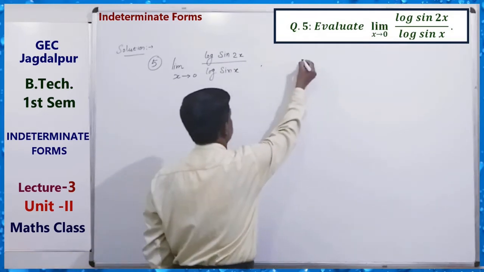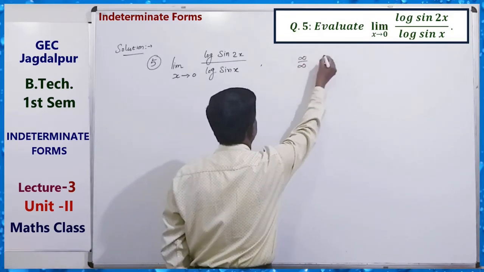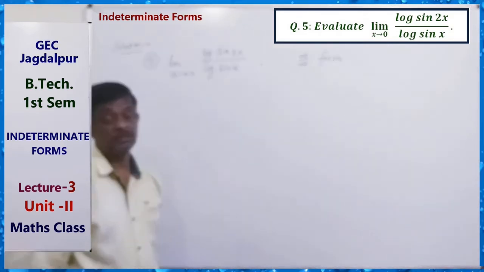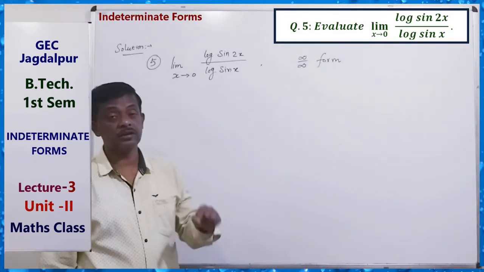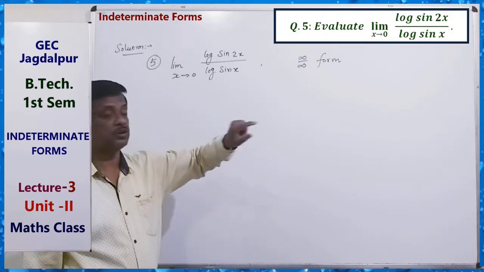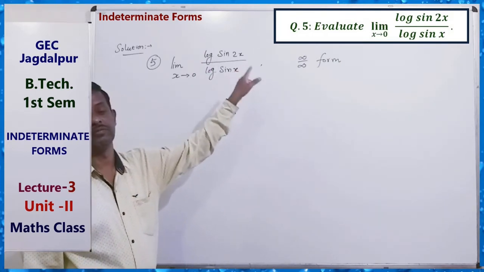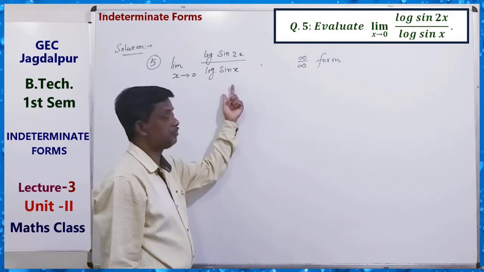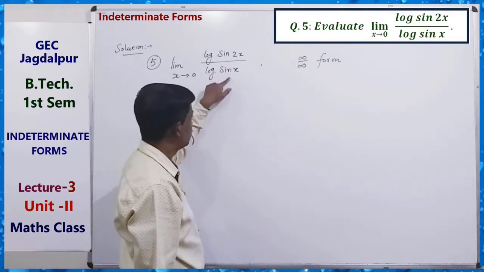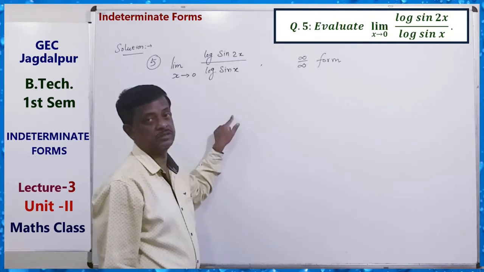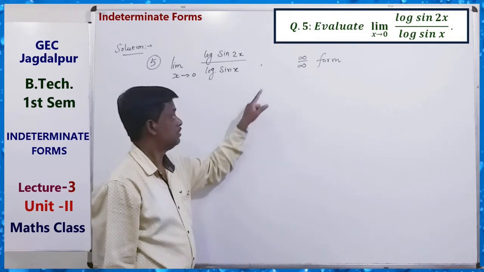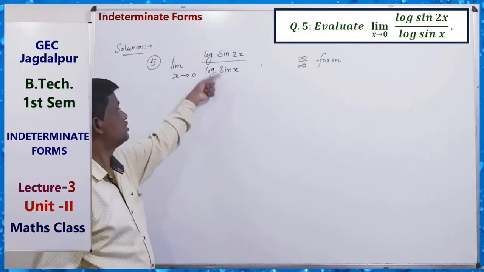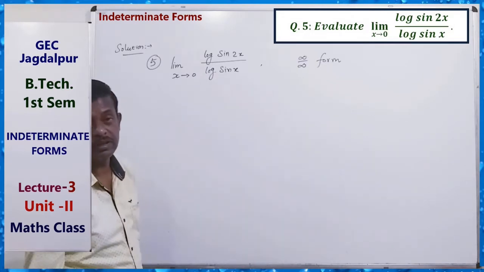So which form? Infinity upon infinity form. We can use L'Hospital's rule directly in this form, but for easy calculation we convert this to the 0 by 0 form, by writing 1 by this, 1 by this, and then the 0 by 0 form can be written.